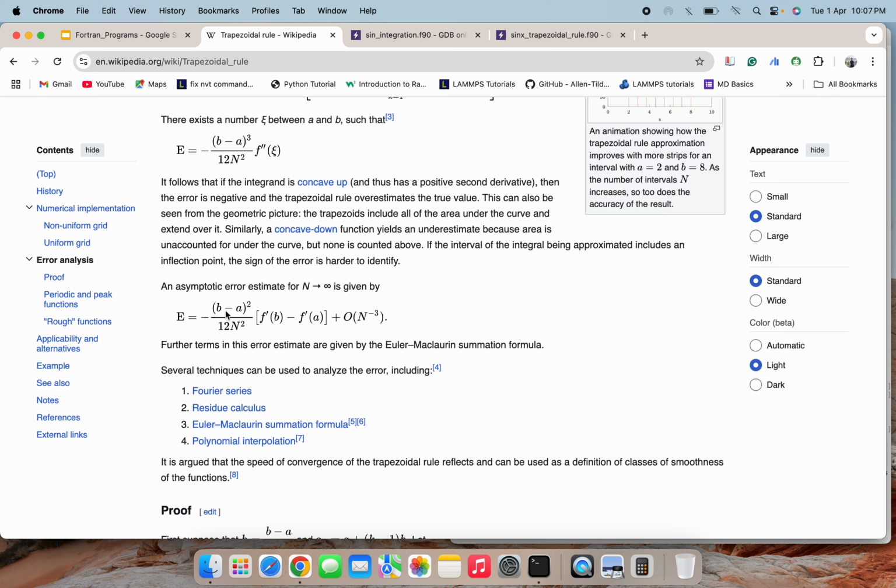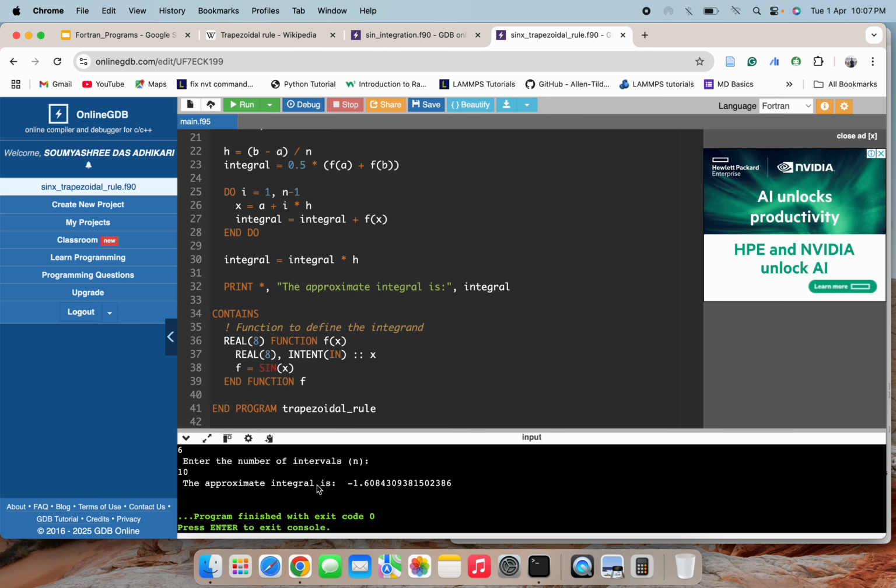If we simply write, our error is inversely proportional to n squared. As our n increases, the error will also decrease. That means if this denominator increases, this e value will decrease. So this is what we have seen here: as we are increasing our n values, our integral is coming towards the exact value.